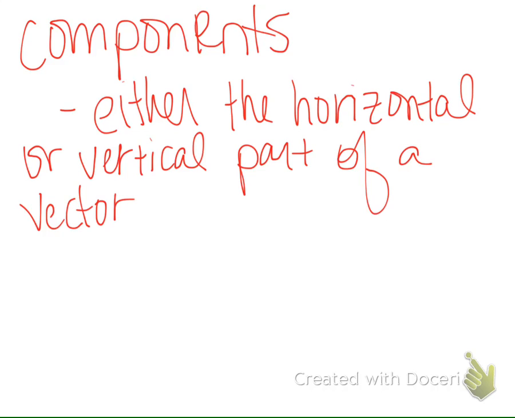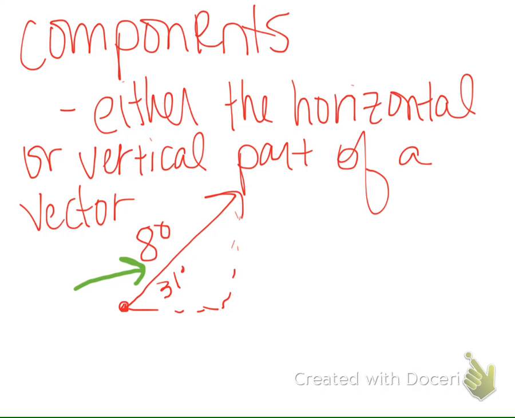So if I say I have a vector that is 80 newtons and it's at a degree of 31 from the horizontal, that means this resultant vector right here has to be a sum of this horizontal and this vertical vector. Okay, and we're going to learn how to solve for those, and we're going to learn how to find them and combine them with lots of other vectors. All right, so we're going to start learning how to break down into horizontal and vertical components.